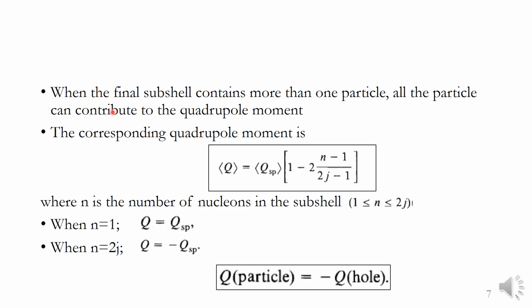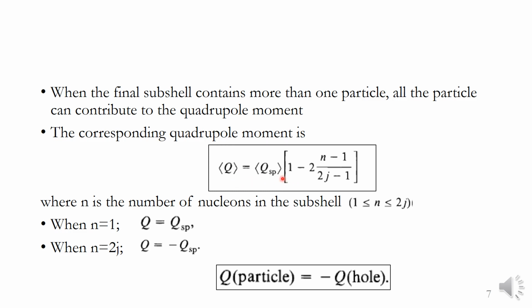So when the final subshell contains more than one particle, we need another refinement. The corresponding quadrupole moment is smaller in terms of the single particle quadrupole moment.